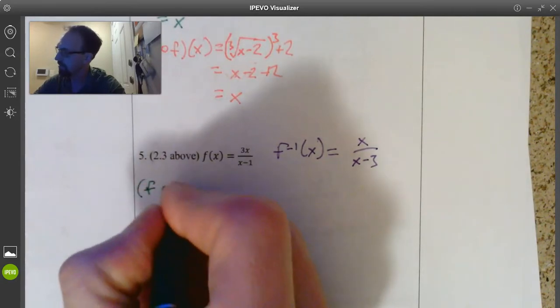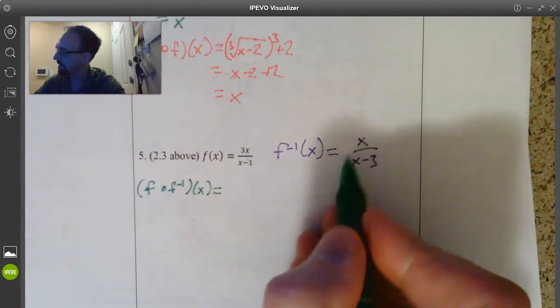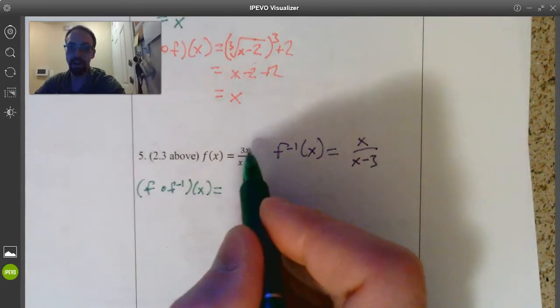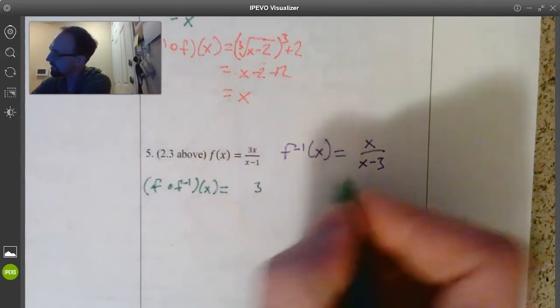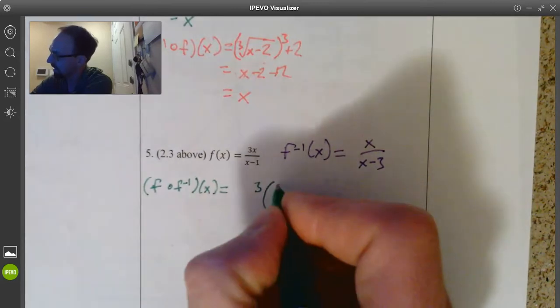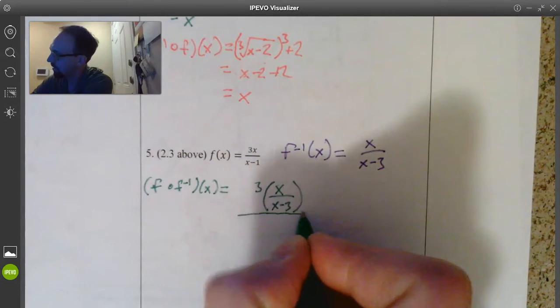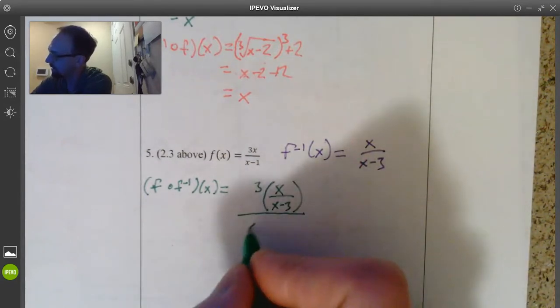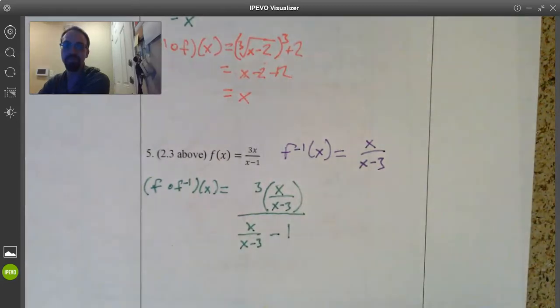I have f composed with f inverse of x. That means I'm going to plug this in wherever I see an x here. So that gives me 3 times x over x minus 3, all over x over x minus 3 minus 1.